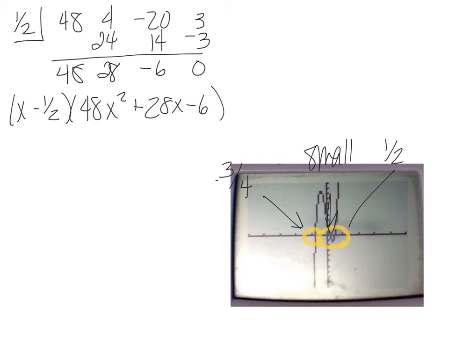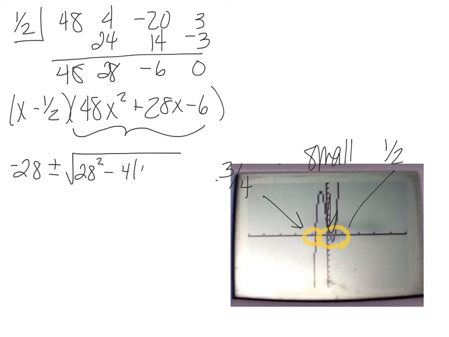I don't think I can factor anything out. No, I'm going to go straight for the quadratic formula. These numbers are really big, and I don't know if I can work with them. So for this trinomial, I'm going for the quadratic formula. Negative b plus or minus square root of b squared minus 4 times a times c all over 2a.